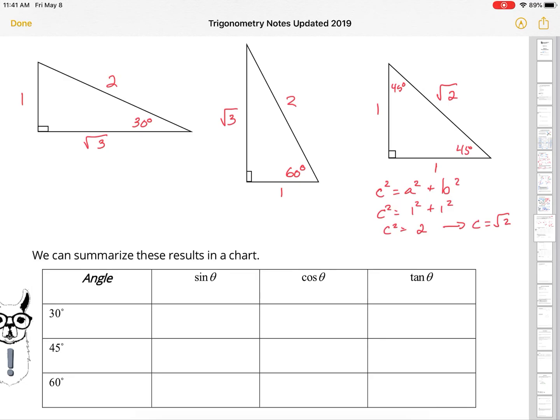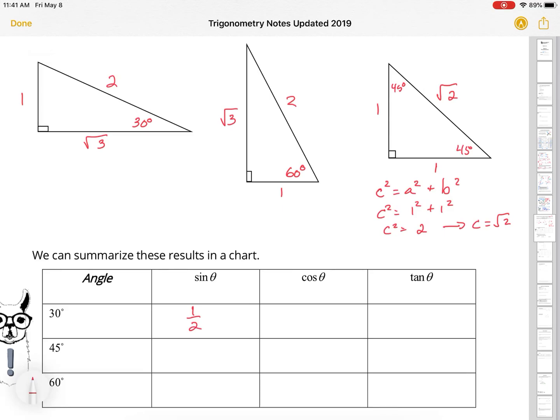So we're going to use these 3 triangles to fill in the following chart. And then these are going to be our exact values for those. Once we have these exact values, we can use them whenever 60, 45, or 30 is a reference angle. And use them and the CAST rule to determine what the trig ratio is.